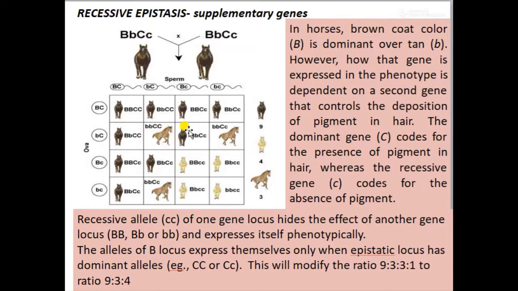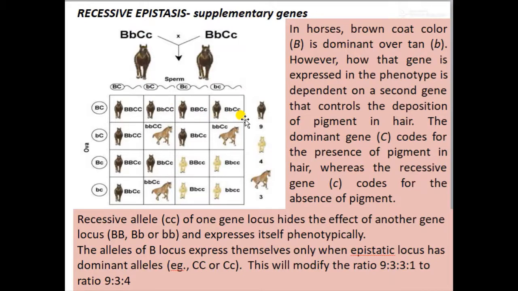If the effect of capital letter B and the effect of capital letter C are not united together, you do not get the dark brown color. In all the dark brown horses we consider here, capital letter B as well as capital letter C is present.